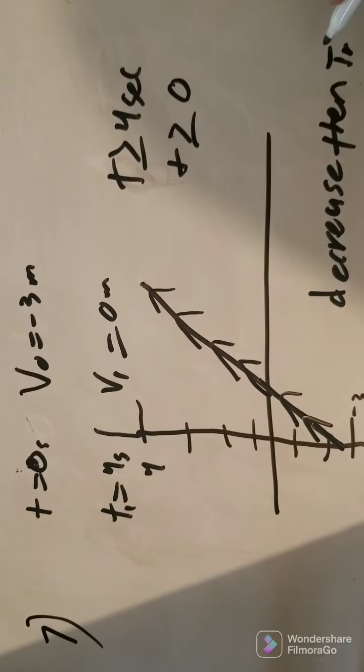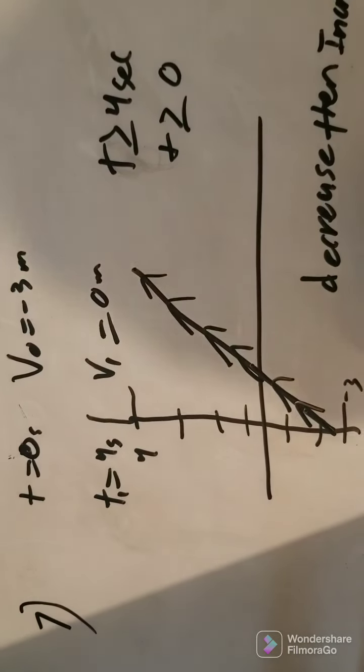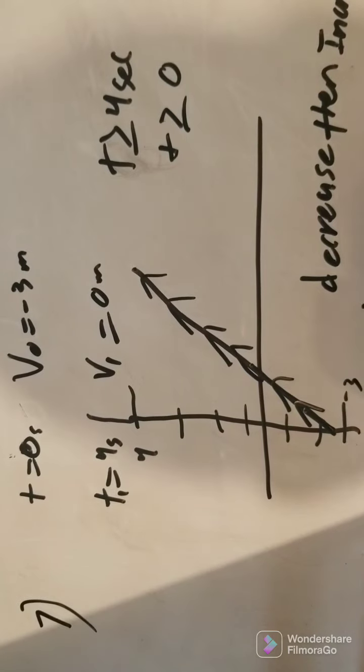You can see right there. So the answer is going to be answer D instead of E, which is what I put. And that's basically what the graph is showing.